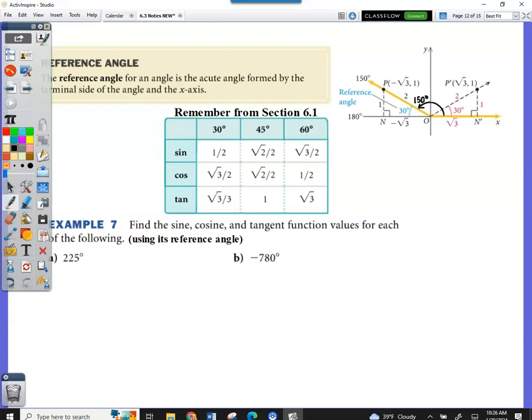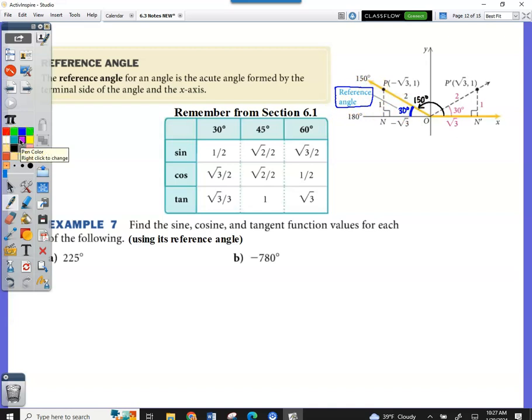The reference angle of 150 is 30. Because what's the gap from where 150 lands to the nearest x-axis? 30 degrees. You with me? So the reference angle is 30. The takeaway right here is that this little angle, 30 degrees, is my reference angle for 150.